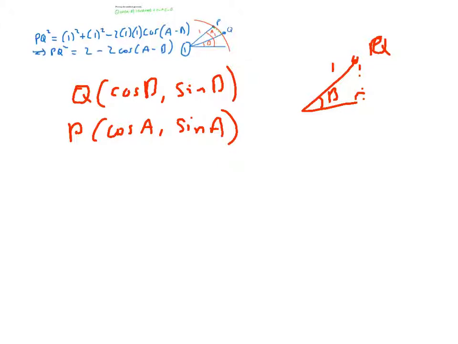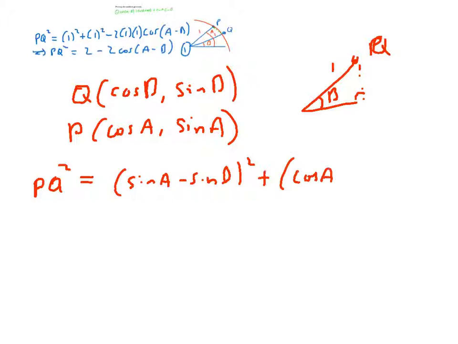Now, using my distance formula, PQ normally equals a square root, so if we square both sides, PQ squared equals, from Pythagoras, sine A minus sine B squared, that's y2 minus y1, plus cos A minus cos B squared.